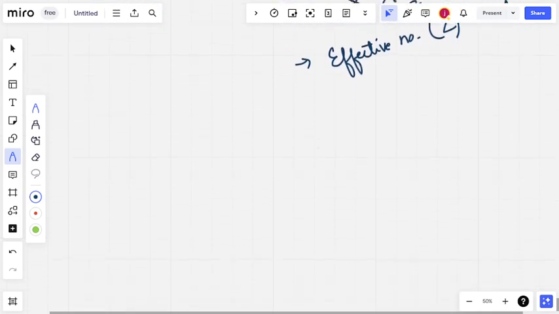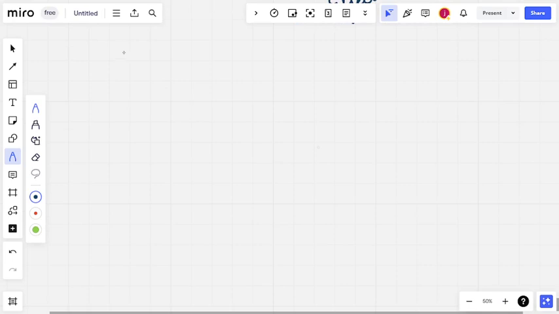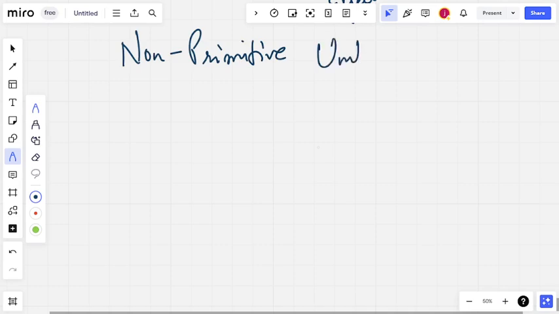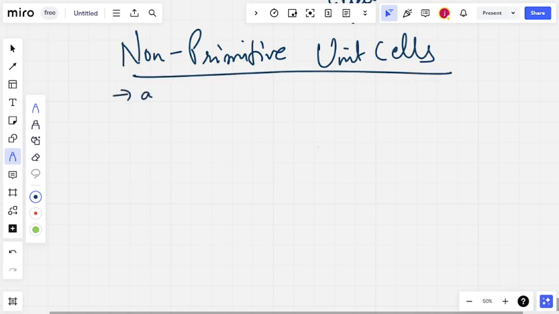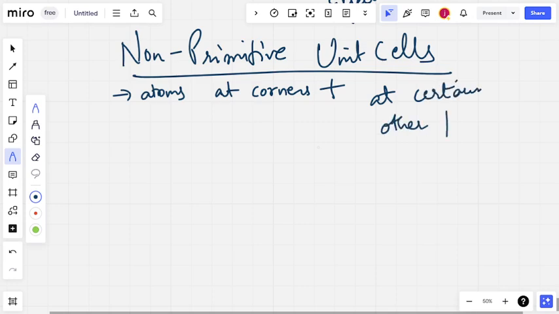Now we come to the non-primitive unit cells, when the atoms are present at the corners as well as at certain other positions. Non-primitive unit cells: atoms at corners plus at certain other positions.